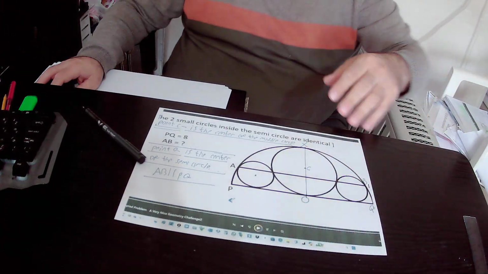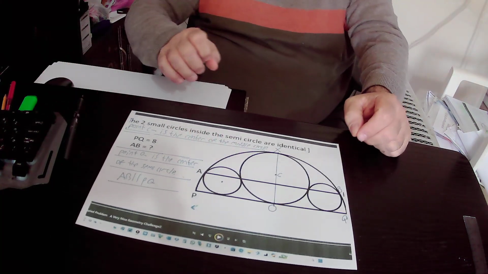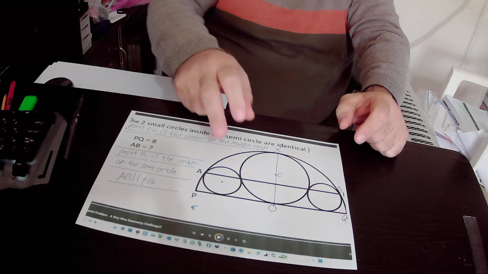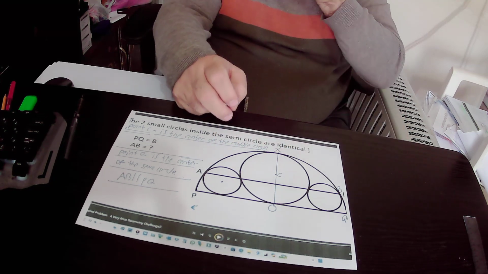Now, in this lecture, we'll find out the length of chord AB. In the drawing, we have a semicircle, and inside this semicircle, we have three circles.